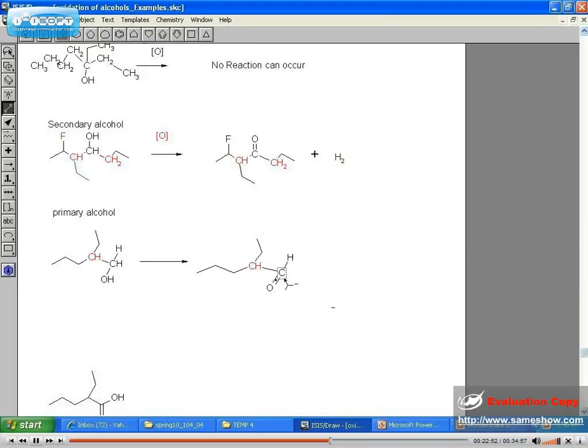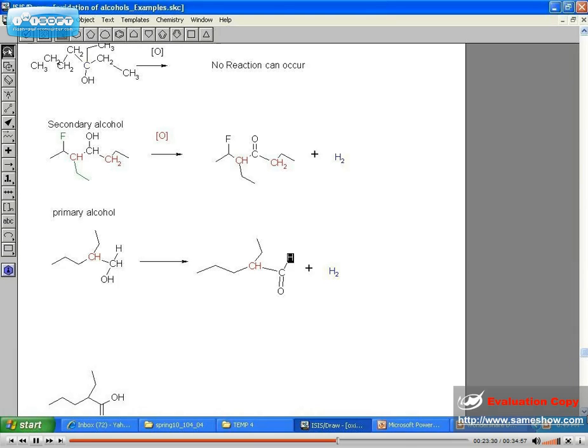Because it's at the end, this is known as an aldehyde. An aldehyde. So here's our aldehyde. Even though we had two hydrogens come off, if you notice, we have an extra hydrogen that's still present. So it turns out there could be another reaction that may occur down the line.